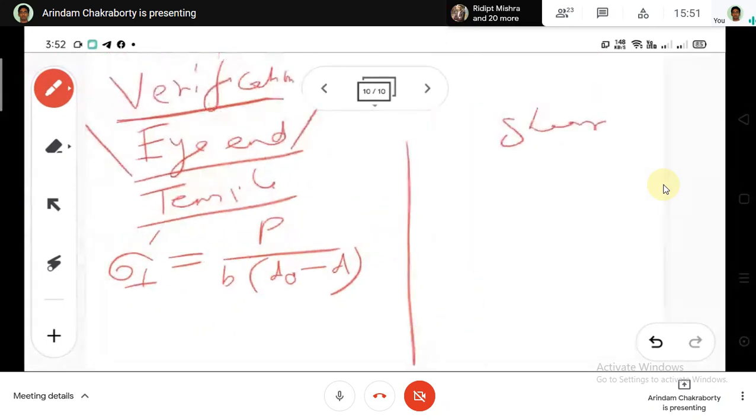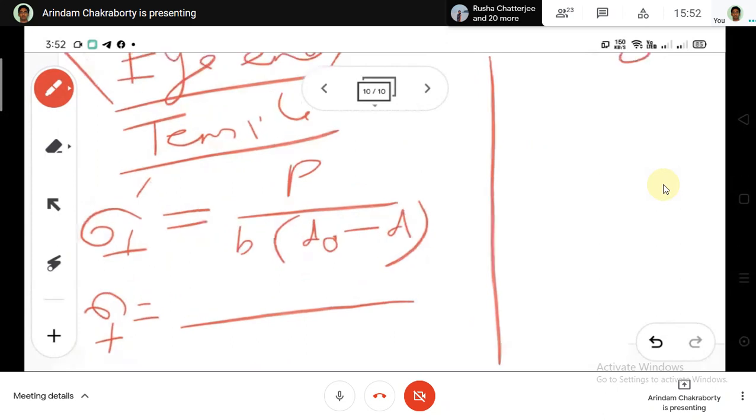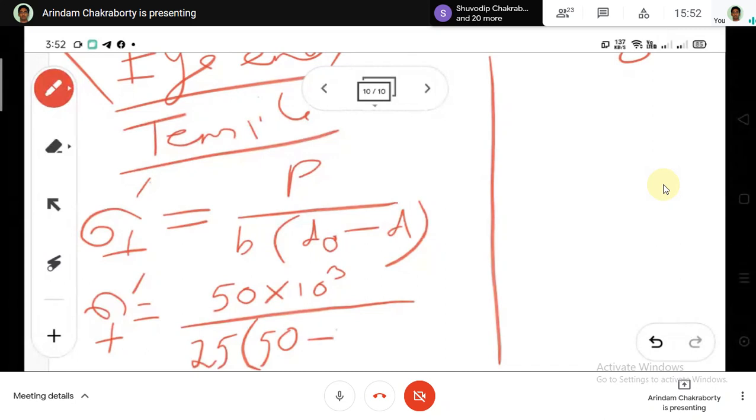So what would be sigma t dash? Let us find out. What is the load given? It is given 50 into 10 to the power 3. B is 25, d naught is 50, and d is 25.